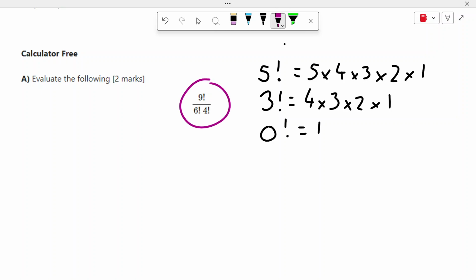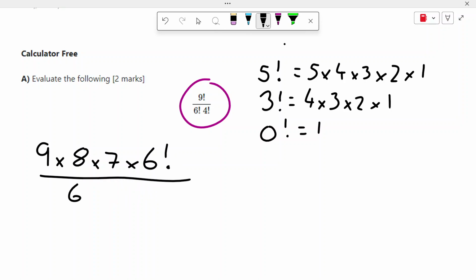And what we can see is that 9 factorial can actually be broken up into 9 times by 8 times by 7 times by 6, but let's leave that as a factorial. And hopefully you can see that these 6 factorials here and here can cancel out. All right? Because they both represent, right?